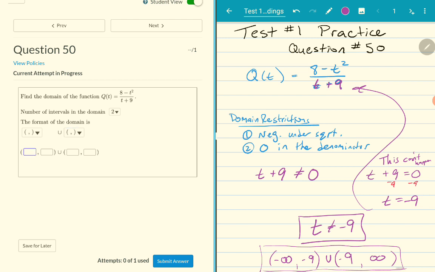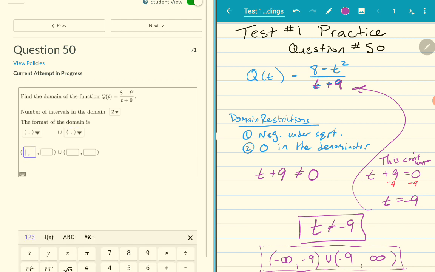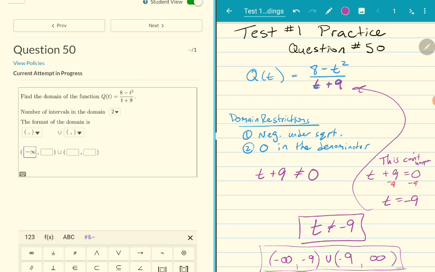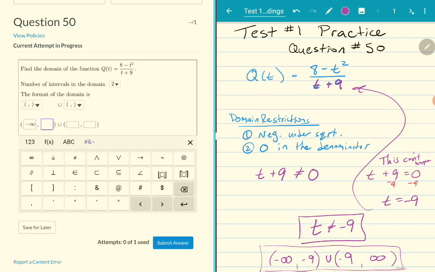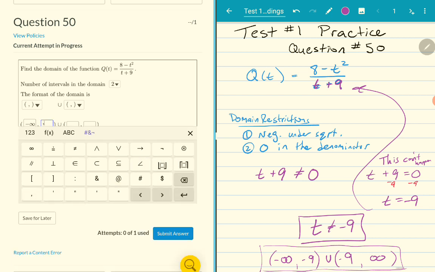And the first one I have, let's see, negative infinity. I can type INF, or I can use the keyboard on the screen to get the symbols and get infinity. That goes up to negative 9. Going back to my numbers to get the negative numbers.